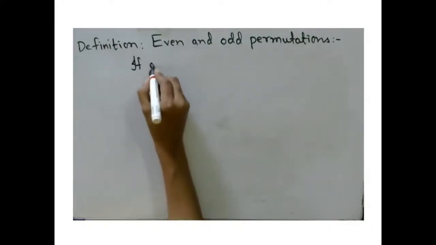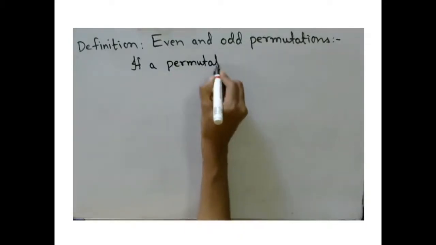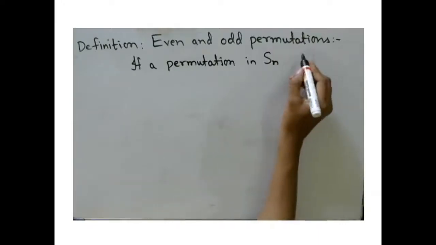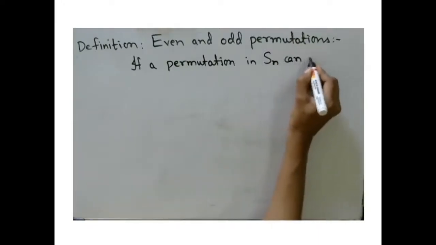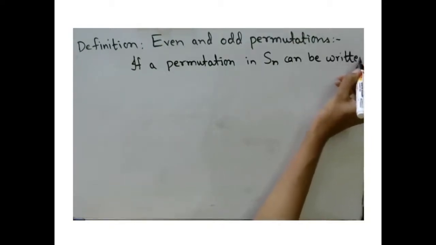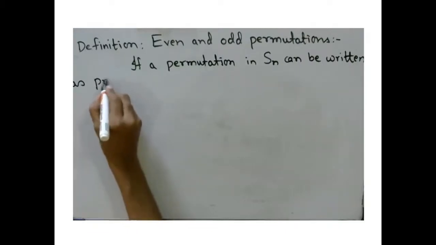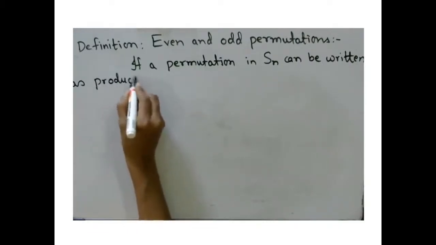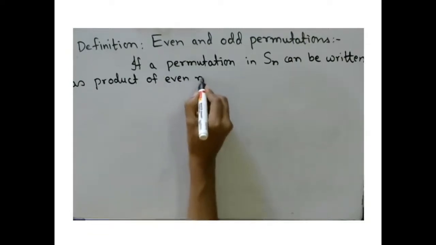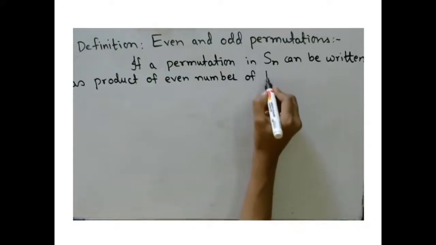If a permutation in Sn can be written as a product of an even number of transpositions.